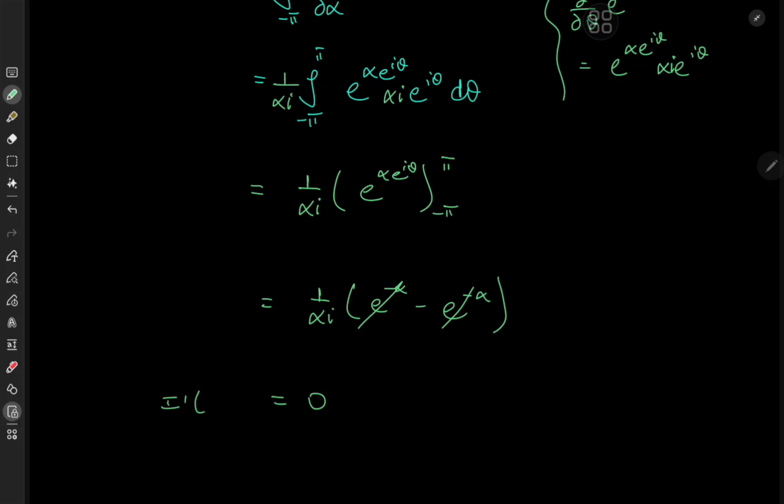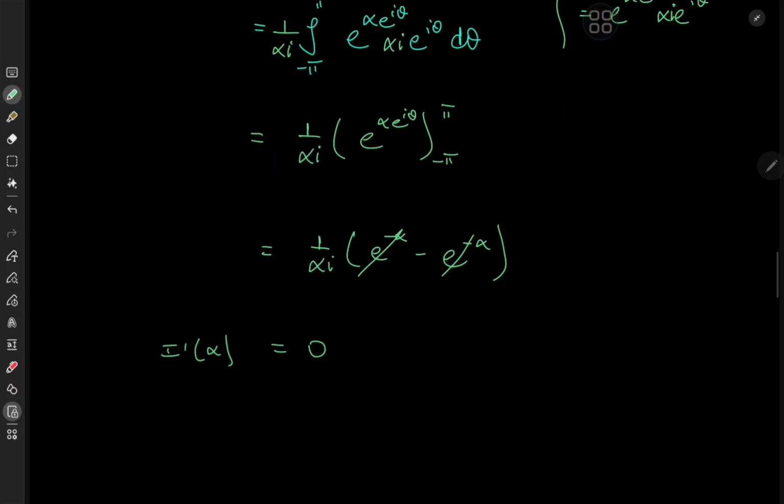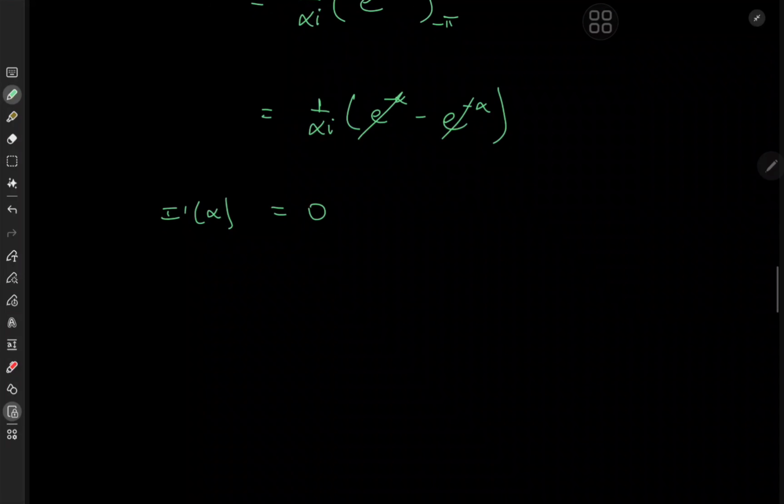So I prime of alpha is actually equal to 0, and that is awesome because that means your integral function is independent of the alpha parameter. It is a constant.